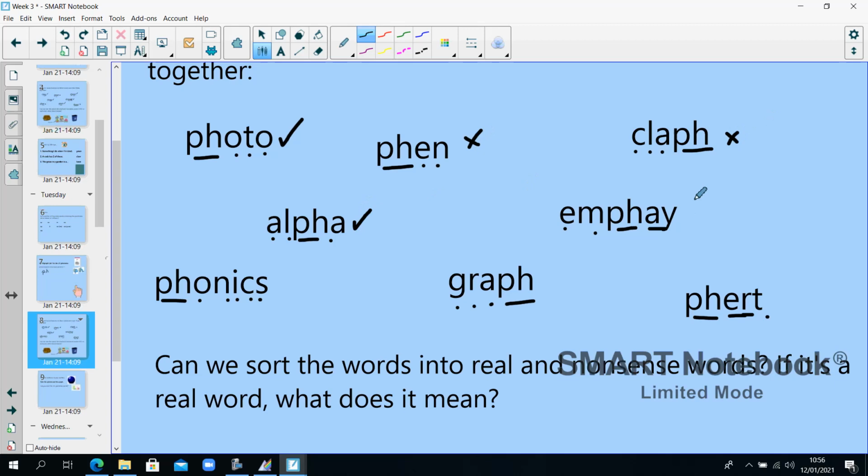The alpha male in a group of gorillas is the strongest. Emphay. Emphay is a nonsense word. Phonics. Well, we know that phonics must be real because we're doing it. Graph. Graph is a real word. A graph is a way of showing data, showing information. And fert is a nonsense word.